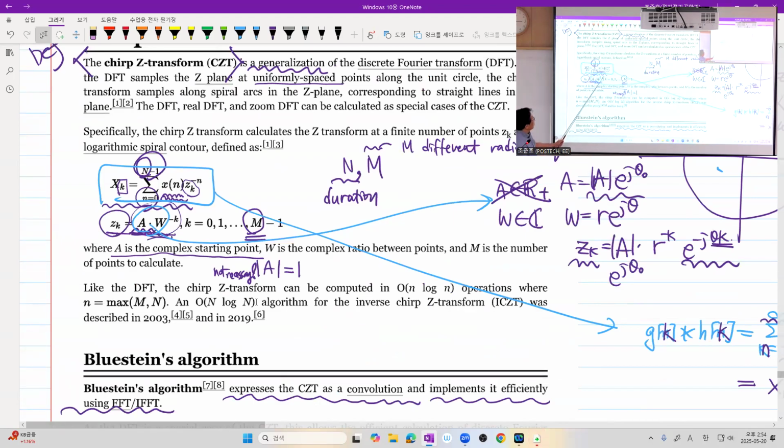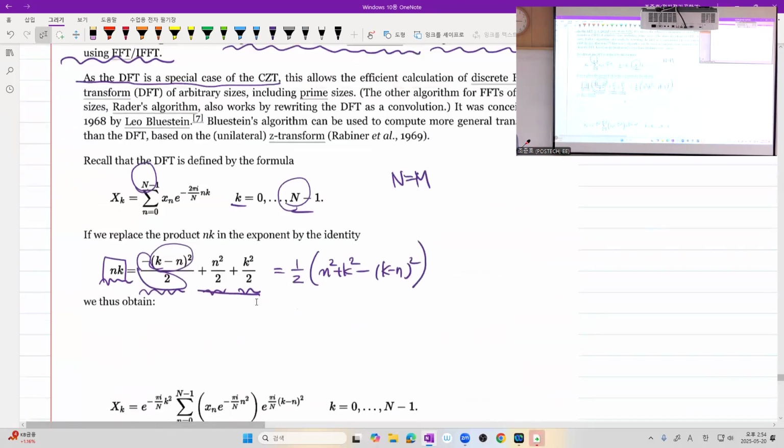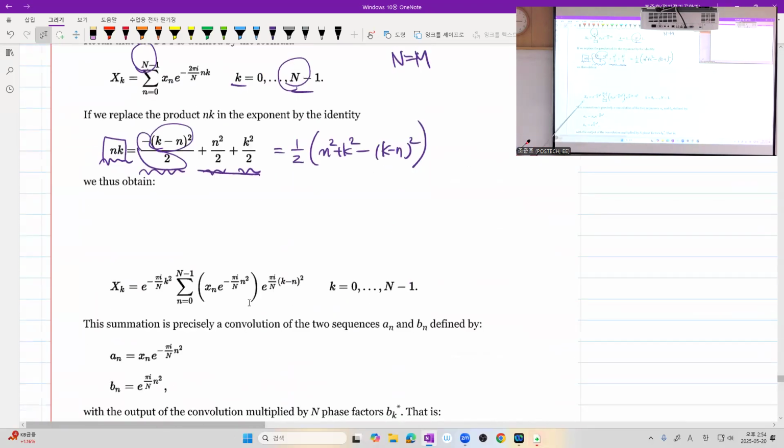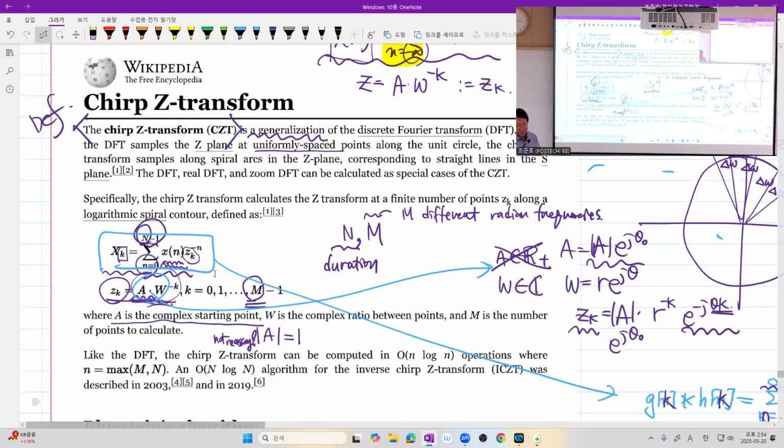Here, with some special limitation on g sub k, after handling, you may write in this form where you have a chirp signal and a chirp signal. Of course, this is the key. The impulse response is also a chirp signal. So you have three chirp signals involved in this chirp Z transform.